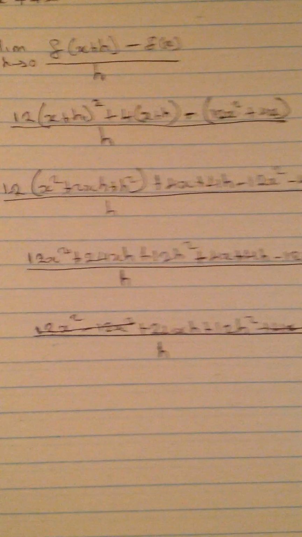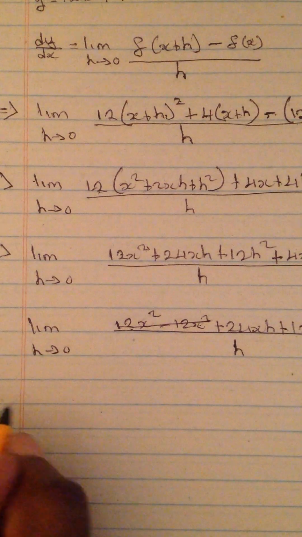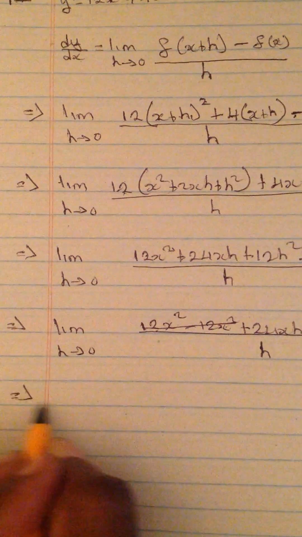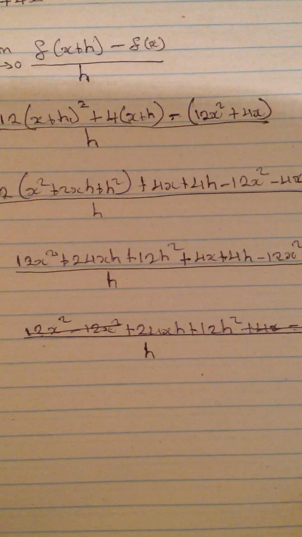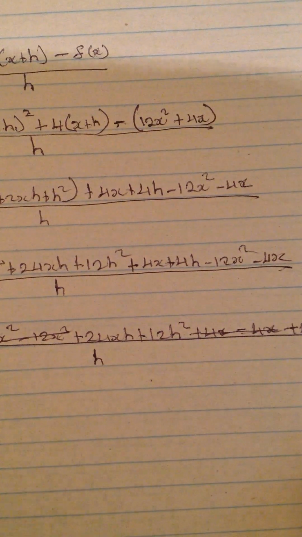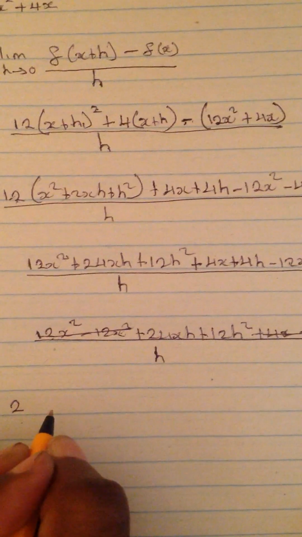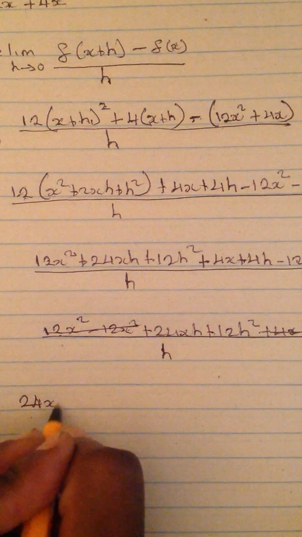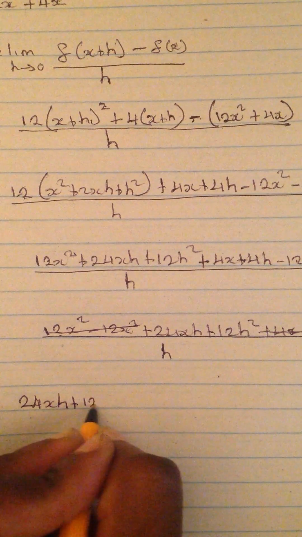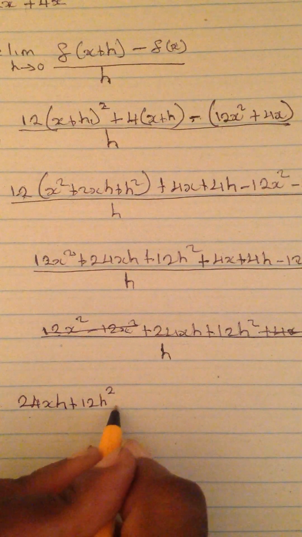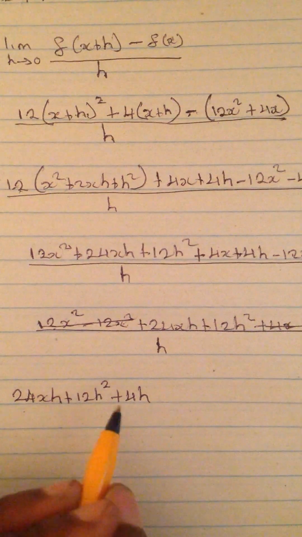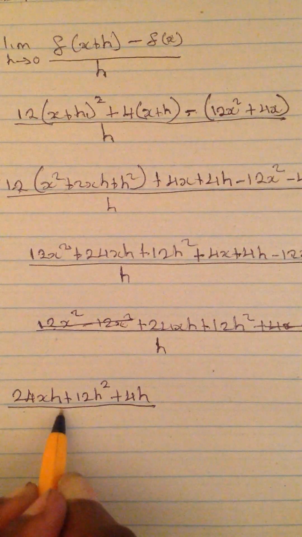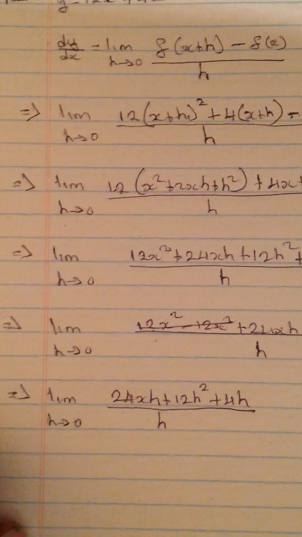So now the equation will be short. You have your limit as h approaches 0, and you're going to remain with 24xh plus 12h squared plus 4h, over h.